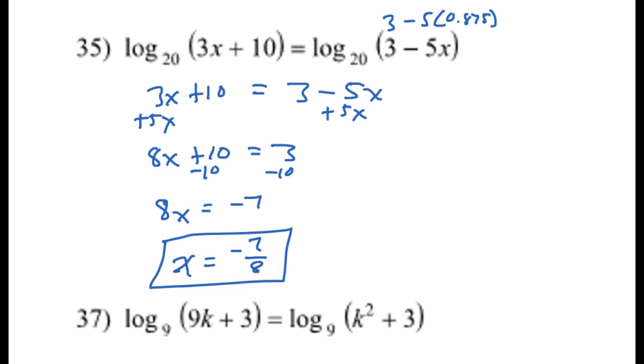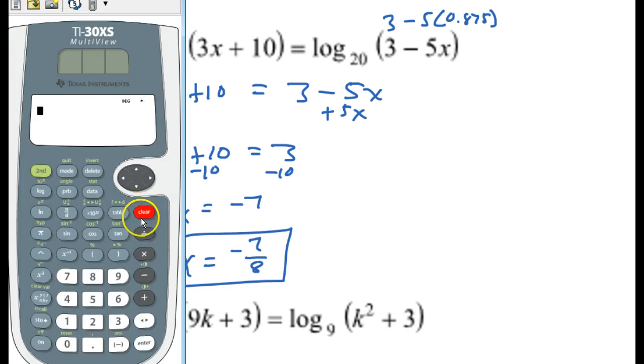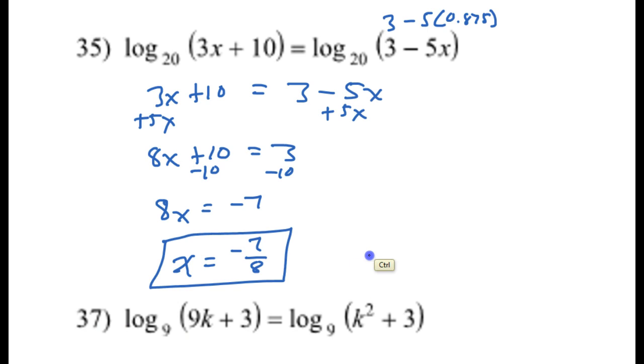Okay, so let's see what happens. If we do 3 minus 5 times 0.875, that's going to be a negative number. So that means this is actually extraneous, which means there's no solution.